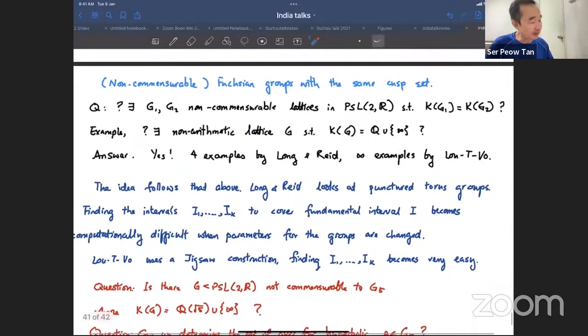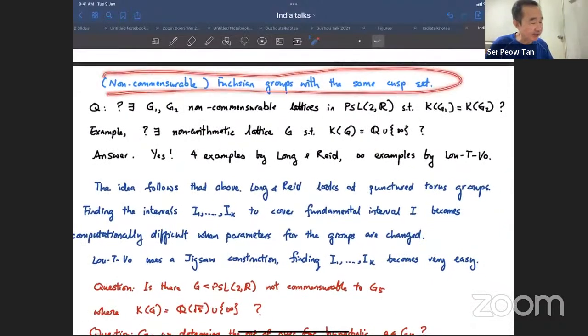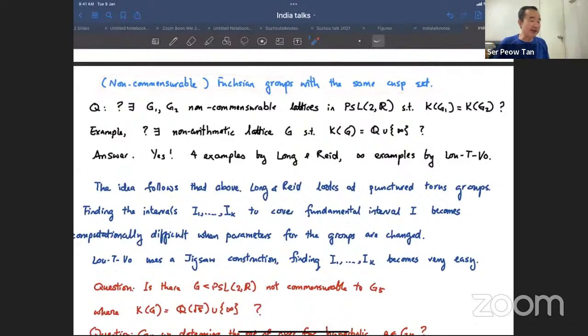I want to talk now about the question that this leads to. Can I find two non-commensurable Fuchsian groups with the same cusp set? For example, the modular group has cusp set Q union infinity. Anything which is commensurable to the modular group has the same cusp set.